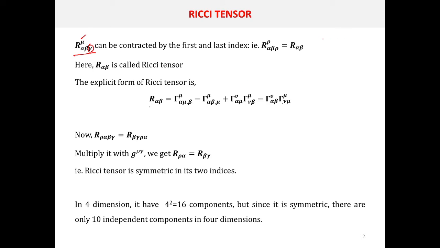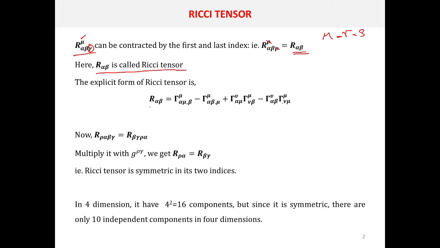So I am setting mu equal to gamma equal to some rho. Then I can write it as R rho alpha beta rho. So when you are taking components, these two components will be cancelled. So what we are getting is R alpha beta. So you are getting a second rank covariant tensor, and this tensor, R alpha beta, is called the Ricci tensor.